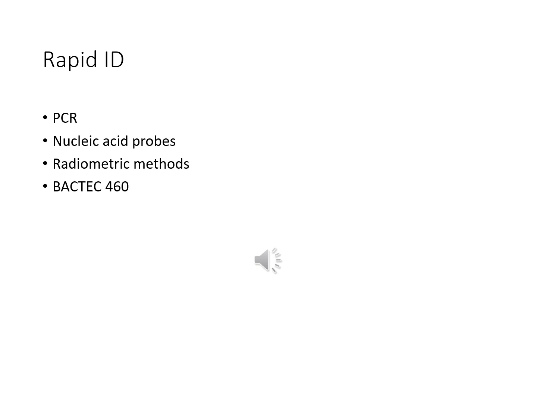So we can actually use PCR. We can use nucleic acid probes, radiometric methods, and sometimes there's a BACTEC 460 that we can also use. So that's kind of like your blood culture system that would actually be able to detect an acid-fast bacillus.